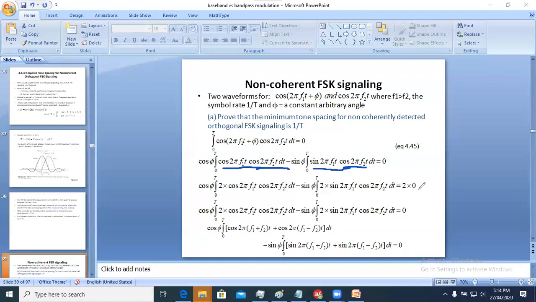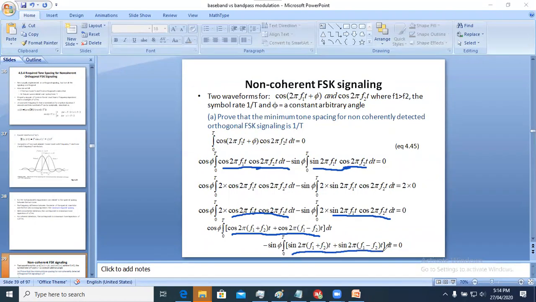As a result, we will have the cos alpha plus cos beta component. So we have this identity: cos(alpha plus beta) plus cos(alpha minus beta), and from this we have sin(alpha plus beta) plus sin(alpha minus beta).